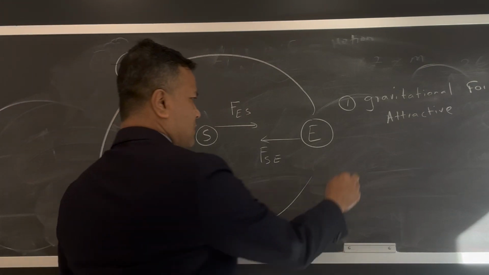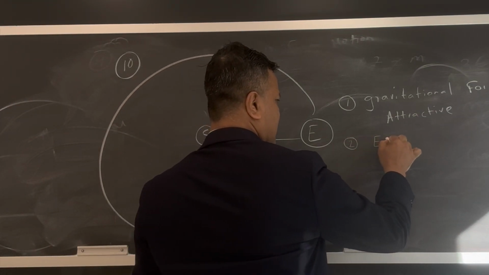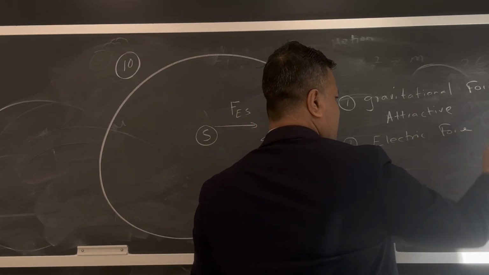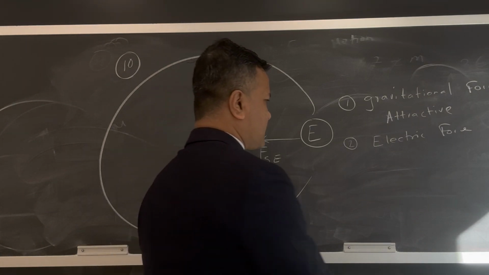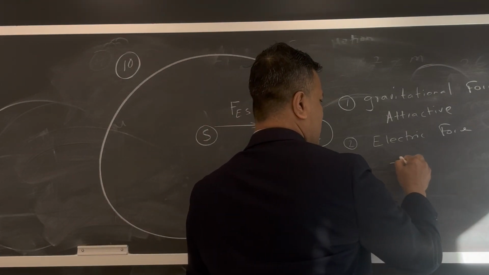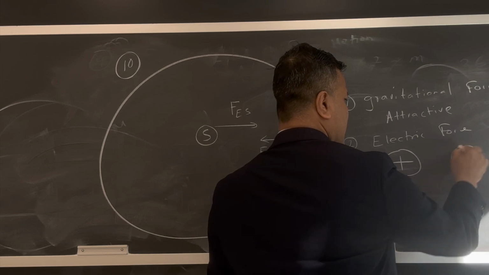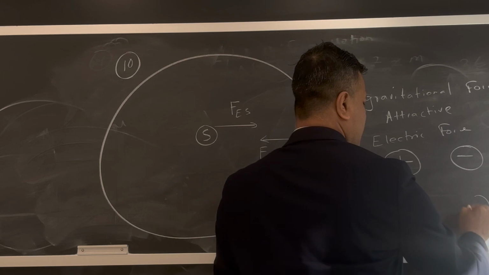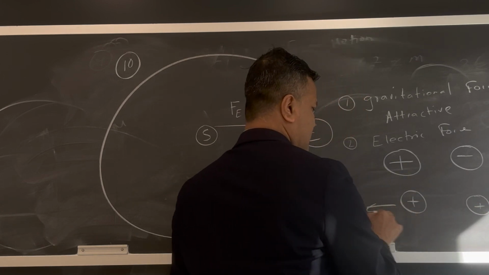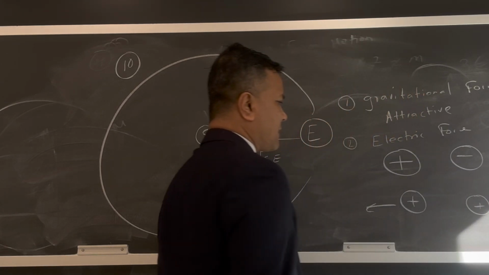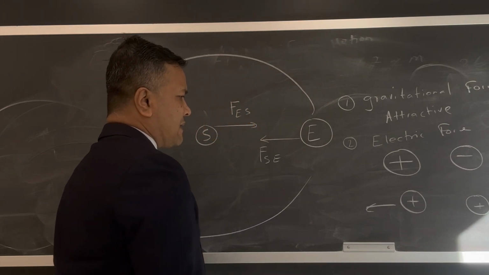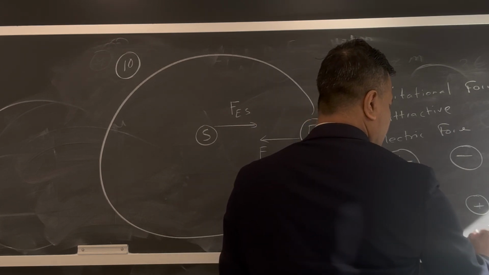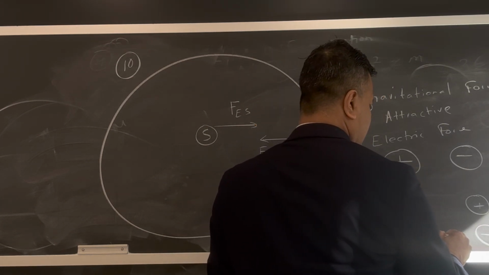Now the electric force is both attractive and repulsive, because there are two charges, positive and negative. Positive charge and positive charge, they repel each other. However, positive charge and negative charge, they attract each other.